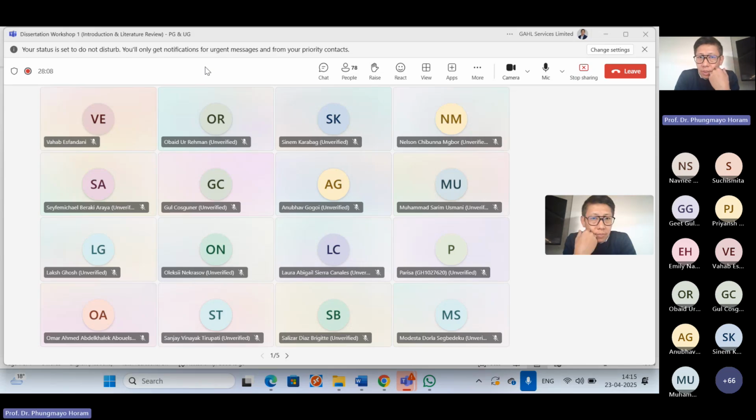So, when we talk about dissertation, let's say, what is a car? A car has basic parts. Let's call it the car. You have the engine, the body, and what? The software.